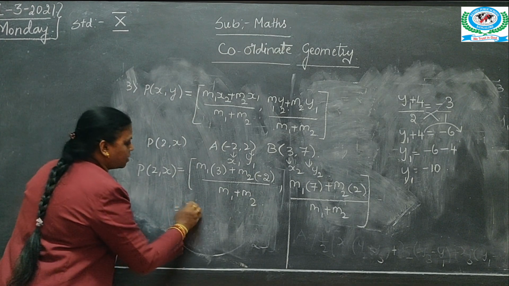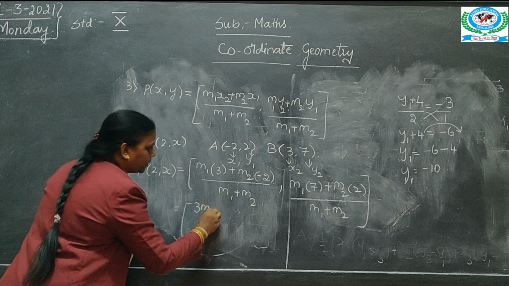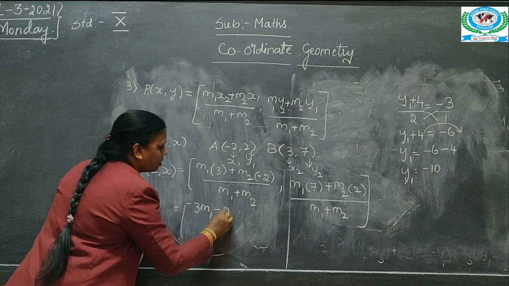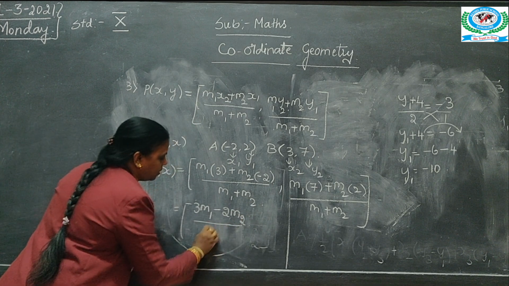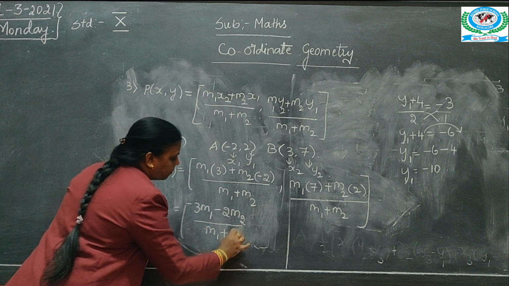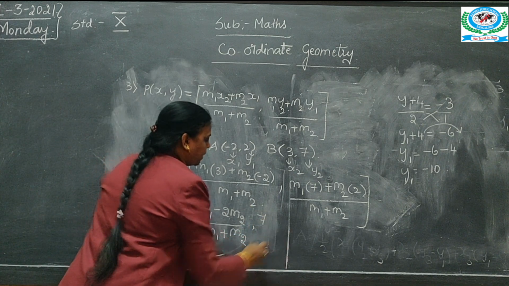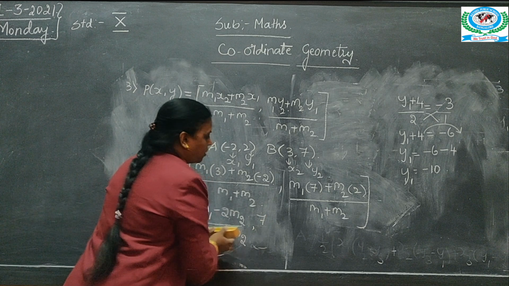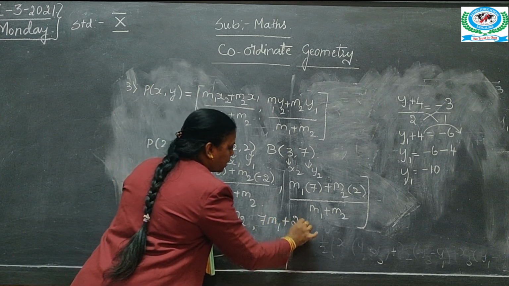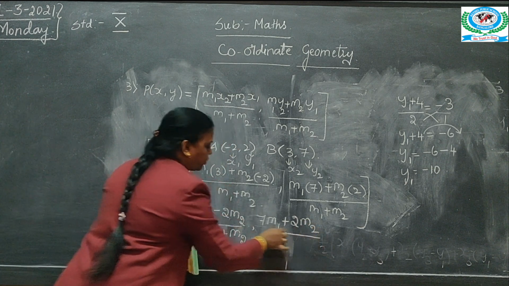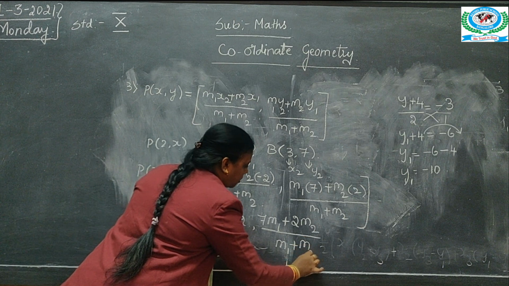So multiply this. 3 into m1 will give me 3 times m1 minus 2 times m2 divided by m1 plus m2, comma, 7 times m1 plus 2 times m2 divided by m1 plus m2.